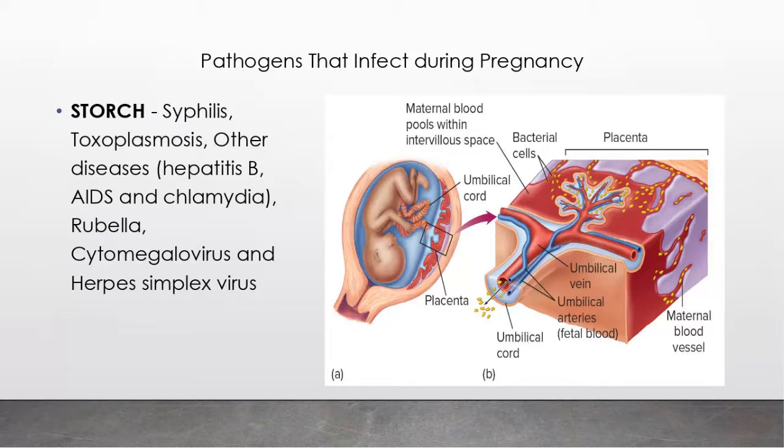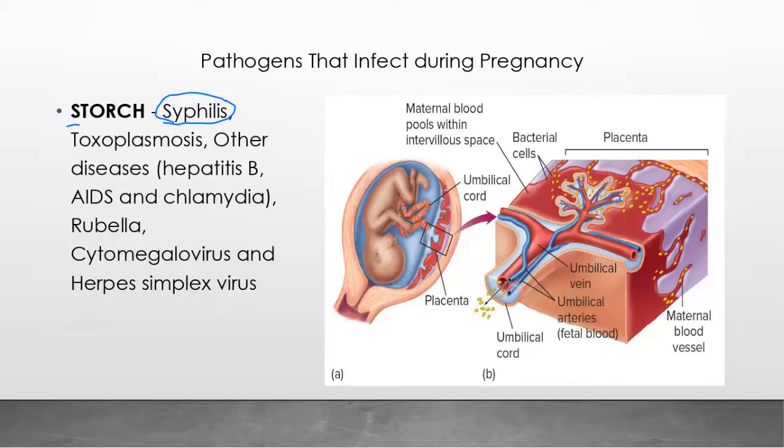Okay, the one that use placenta, they usually have abbreviation of STORCH. S is for syphilis. So this is one of the disease. This is actually caused by bacteria that can be transferred to the embryo from the mother.